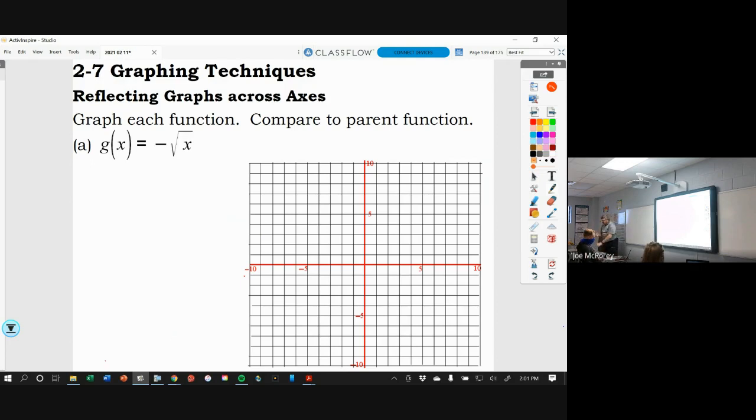We're going to take that negative and say that negative is a reflection. If the negative is out here, not with the x, this reflection is going to change the y value. So if the y was at 5, it's now going to be at -5. So when the negative sign is in front of the function, this is a reflection across the x-axis.